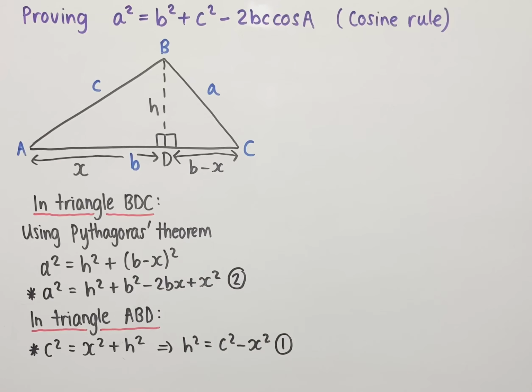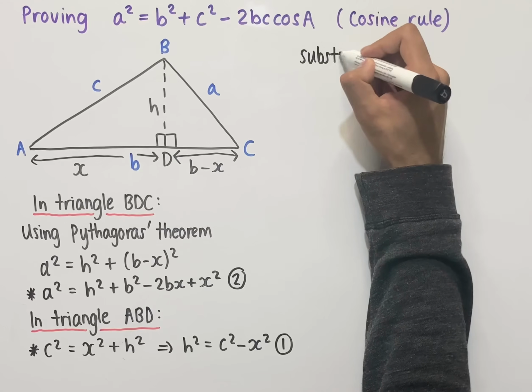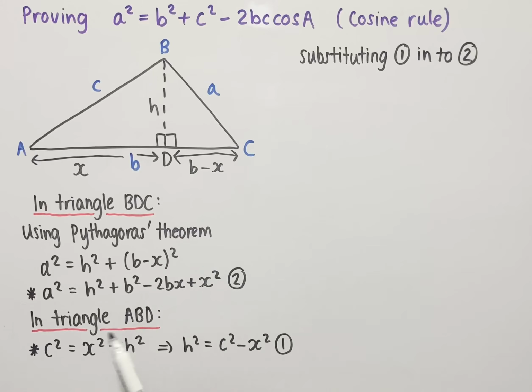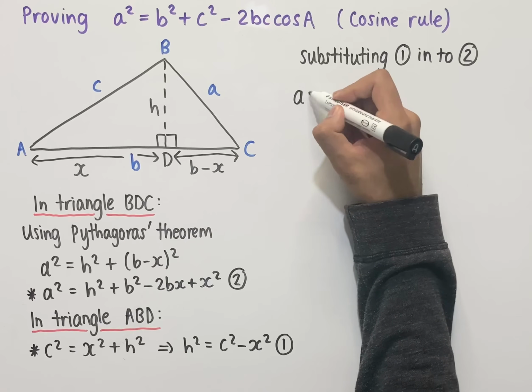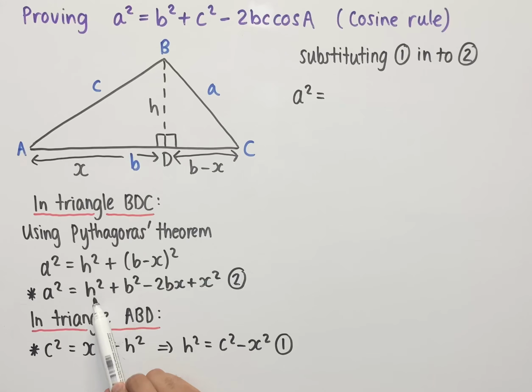Then the next step involves substituting equation 1 into equation 2. So looking at equation 2, we have a squared, which equals, and now instead of writing h squared, we're going to write c squared minus x squared, since we're substituting equation 1 into equation 2.